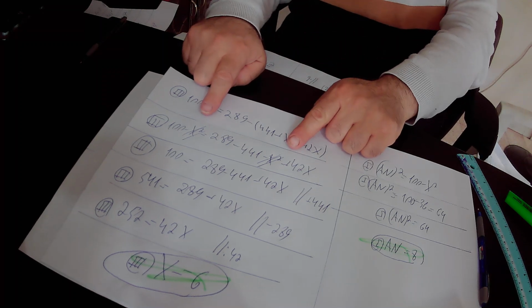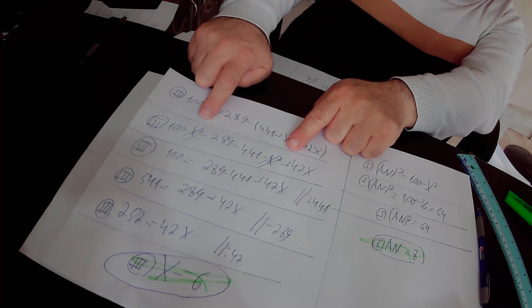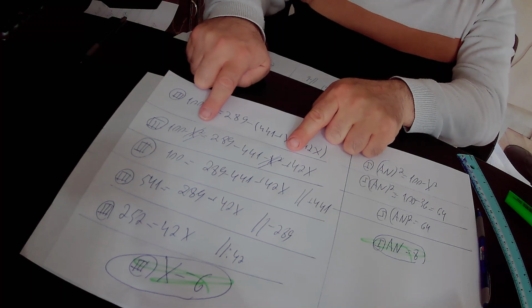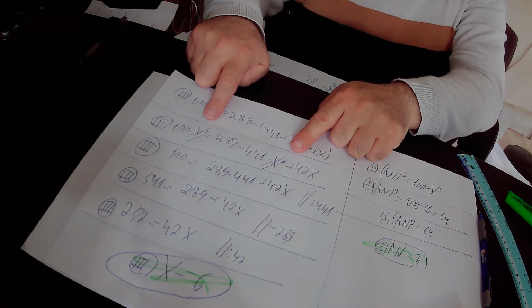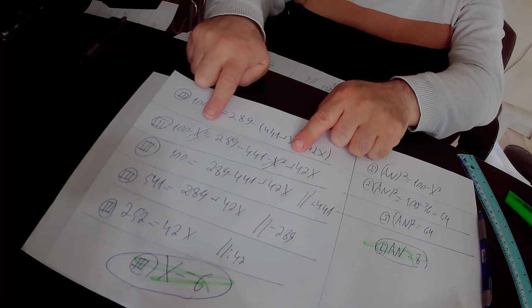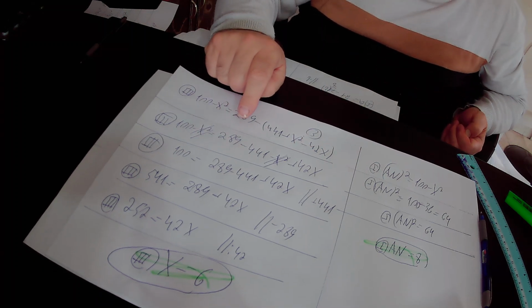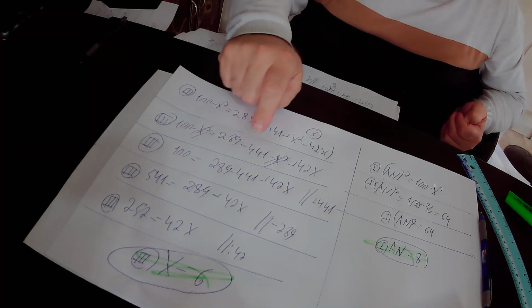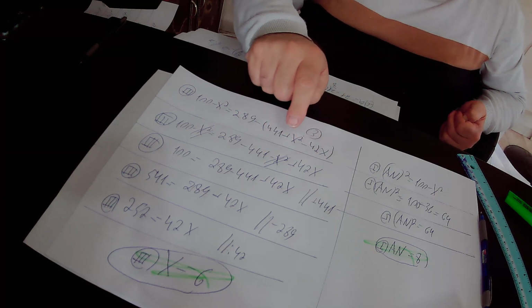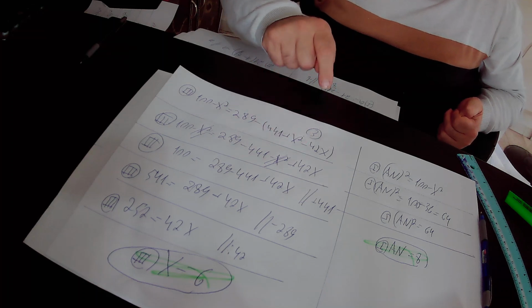So here we have X squared on both sides of equation 3. Therefore minus X squared gets cancelled. After we cancelled minus X squared, in this side of equation 3 we are left only with 100. On the other side of equation 3 we are left with 289 minus 441 plus 42X.